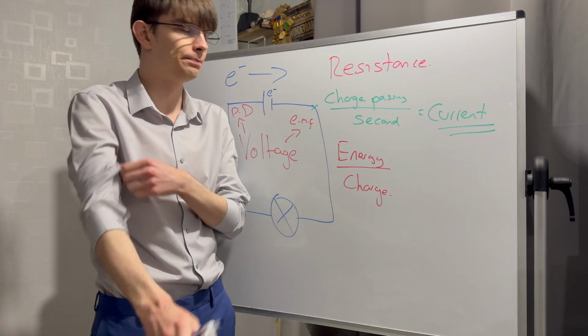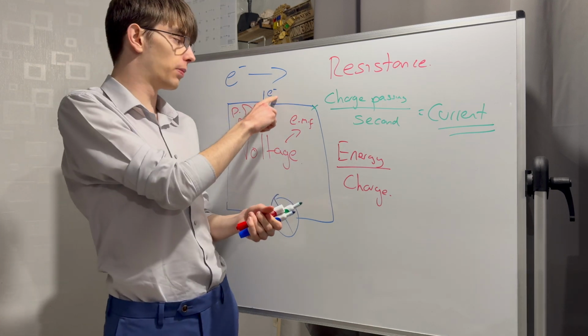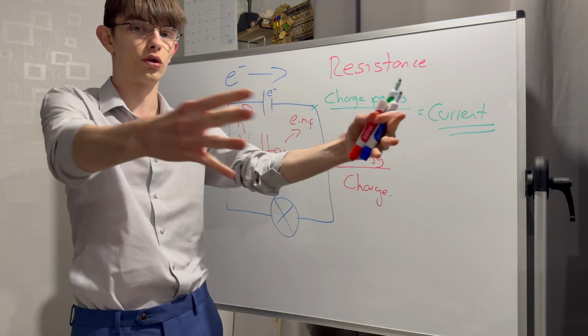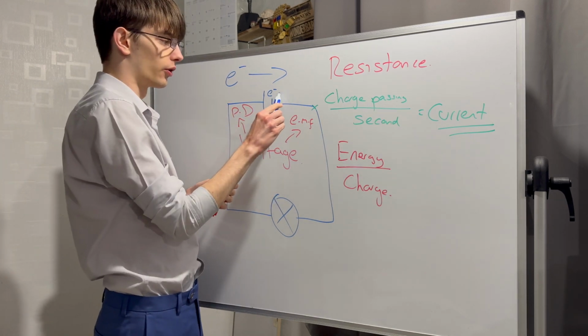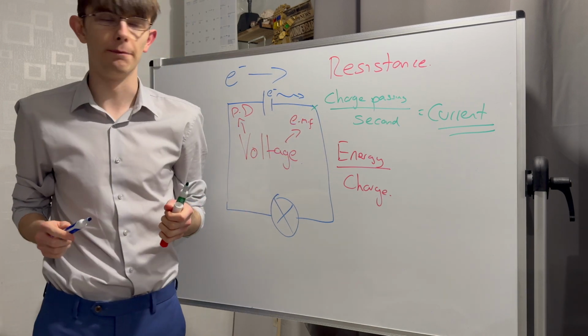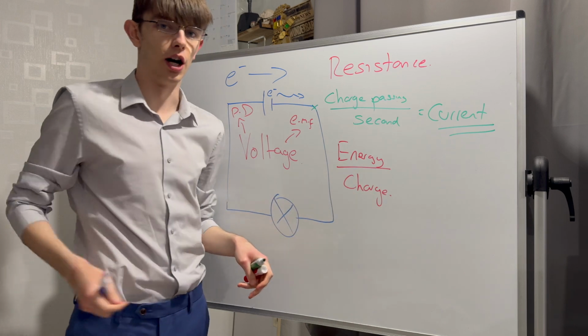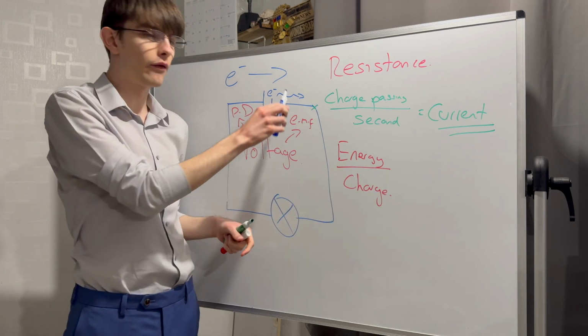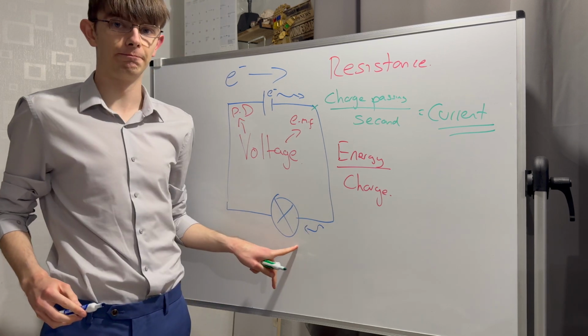Really, it's neither. But we can think of it as the energy that a charged particle is given in order for it to start moving. So this electron trundles along, he has his energy with him, his voltage, his energy per charge, and he travels around the circuit and he gets to my lamp.